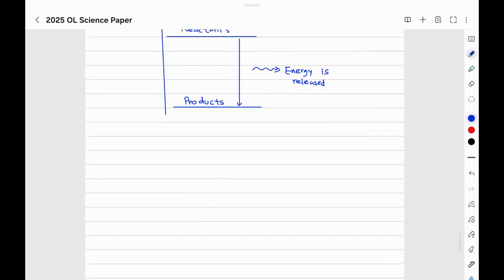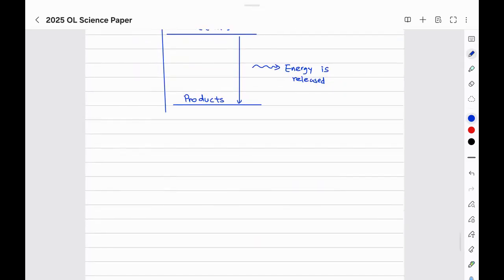Now, what are the examples for the exothermic reaction that they have given in your textbook? Remember, in your textbook, they have given most of the fuel combustions, right? Combustion of fuels, methane, ethane, propane, butane, right? Hydrocarbons, all the hydrocarbons. So they are actually considered as exothermic reactions. I'll give you the list of examples. You remember them, okay?